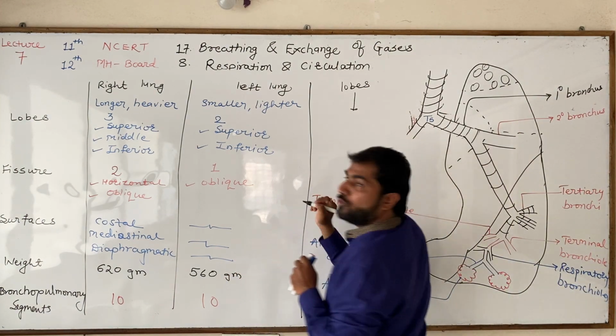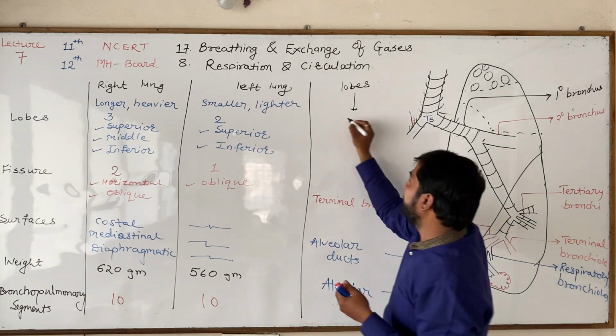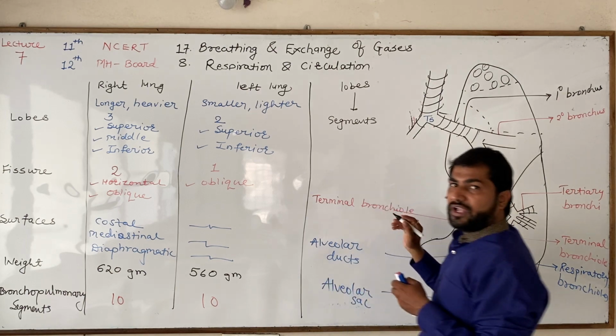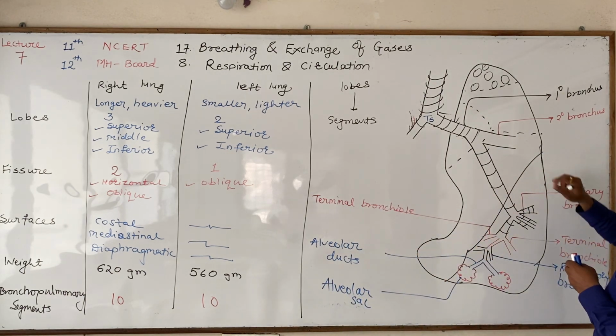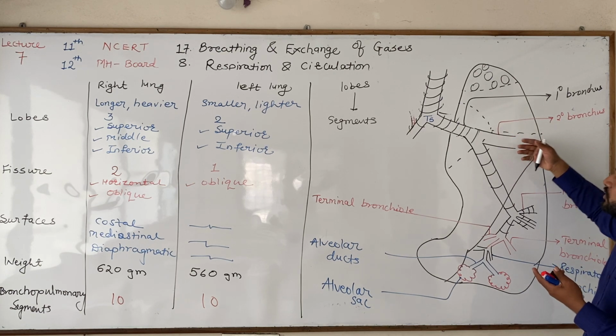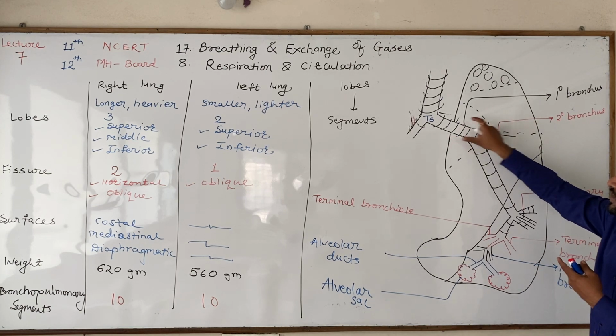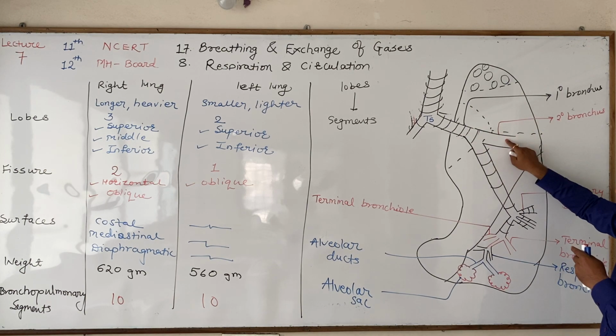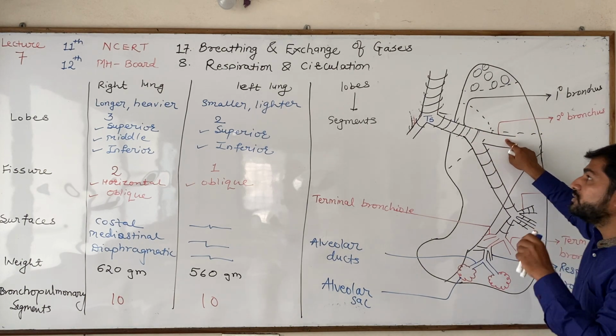The primary bronchi supply air to the lobes. Lobes are divided into segments, bronchopulmonary segments. Secondary bronchi supply air to the lobes after the primary bronchi enter into the lungs.